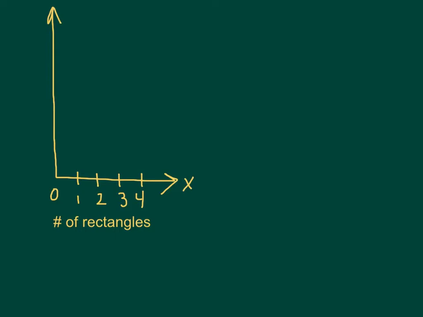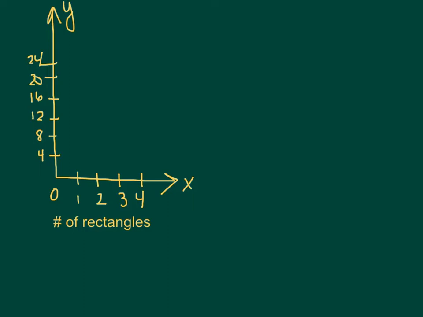Let's count by 4s. 4, 8, 12, 16, 20, 24. And this is your y-axis. And we're going to label it, and I ran out of room. But you need to label that side, the y-axis, which represents the perimeter.